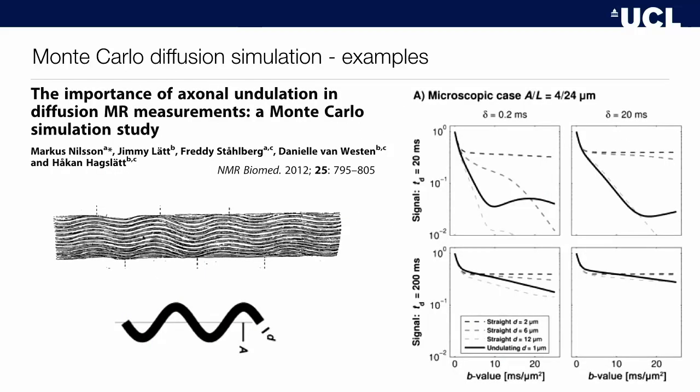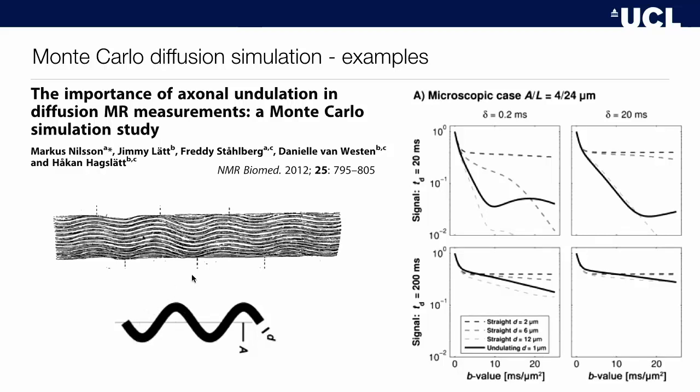So the next example, looking at undulation, as I mentioned earlier, where in many parts of the neuronal tissue the axons are not straight, but go in an undulating fashion. What Nielsen and Marcus did in 2012 was create a computational model that mimics these undulations as illustrated here, and he proposed a mathematical model to determine these properties, as well as using simulation to validate that.